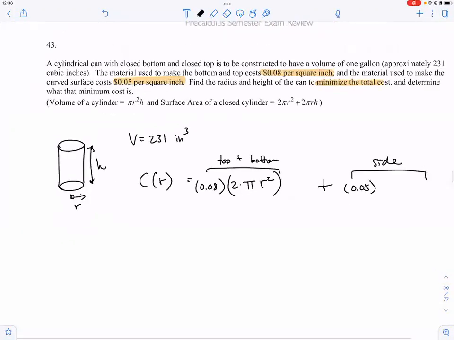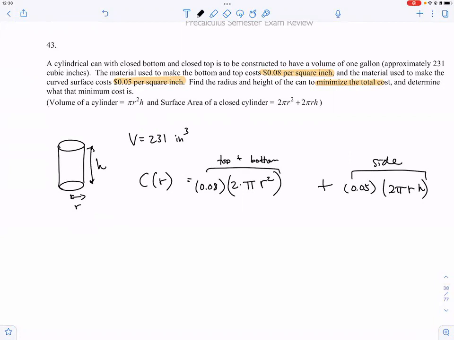And the side of the can is 2 pi r times h, because if you cut the side out, it's basically a rectangle. The length of the rectangle is 2 pi r, the circumference.